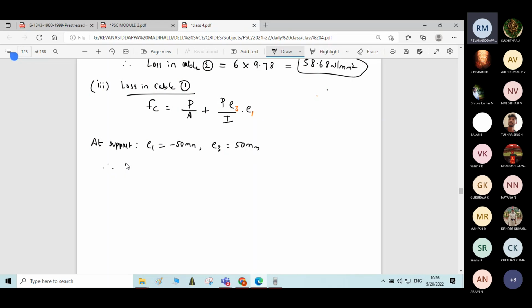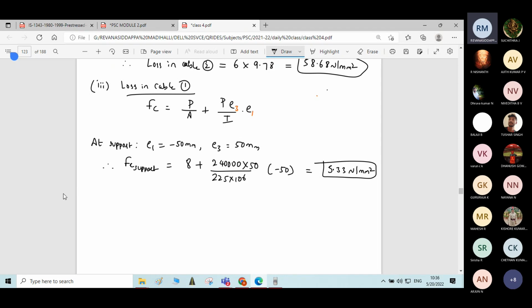Therefore, FC at support is equal to P by A value, which is 8, plus 240,000 divided by 225 into 10 power 6 into E3, which is 50, into E1, which is minus 50. So by this you will get the answer as 5.33 Newton per mm square.